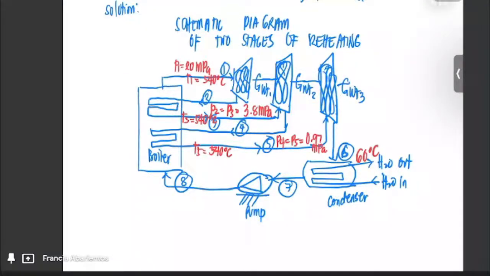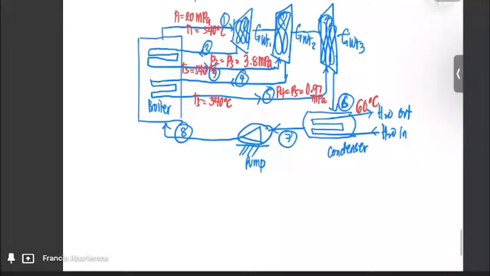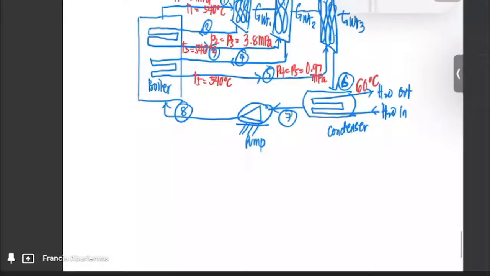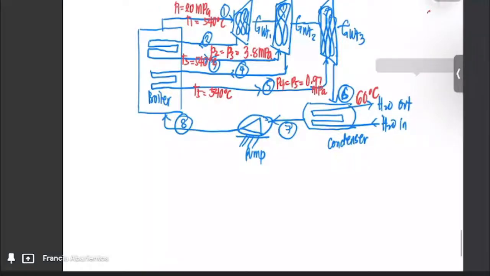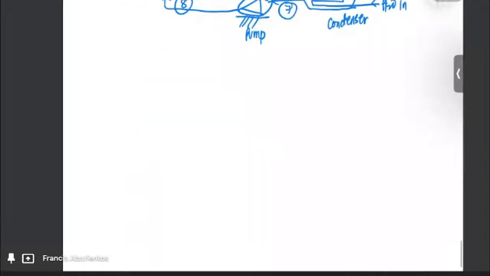Ano naman yung TS diagram niya? So, that is the schematic. We move on to the TS diagram of that reheat cycle. TS. Madami ba ditong saturated?